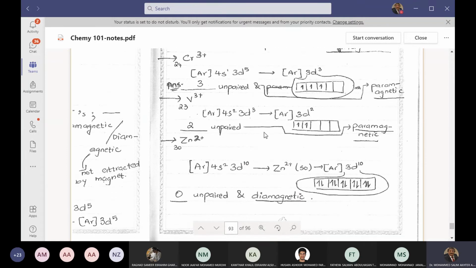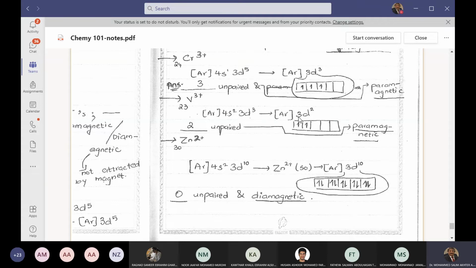Another example, my friend. Vanadium 3 plus means Ar 4s2 3d3. 3 plus means I lost 3 electrons, 2 from here, 1 from here.